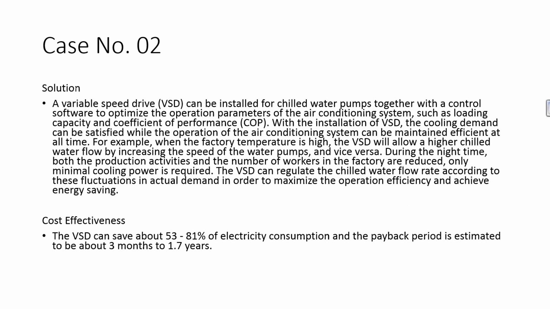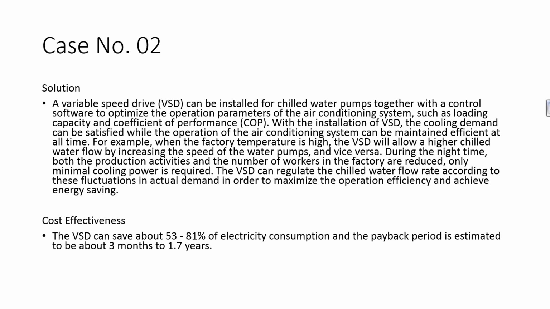The solution for this problem is that a variable speed drive (VSD) can be installed for chilled water pumps together with control software to optimize the operation parameters of the air conditioning system, such as loading capacity and coefficient of performance.